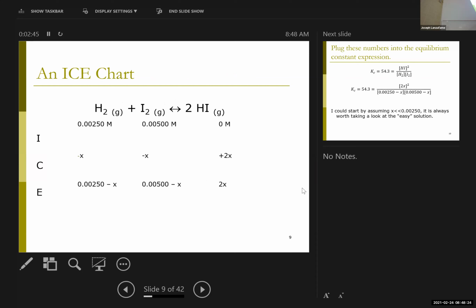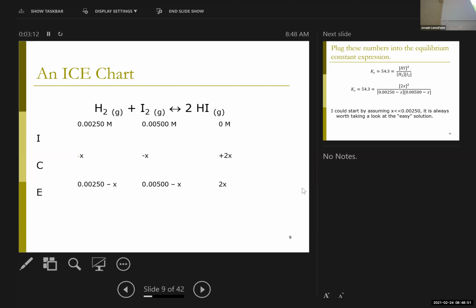I was given the molarities of the 2 reactants. The change line I always know because it's always just stoichiometry, so minus x and plus 2x. And of course, I plus C is always E. So 0.0025 minus x equals E, 0.005 minus x equals E, and 0 plus 2x equals 2x.